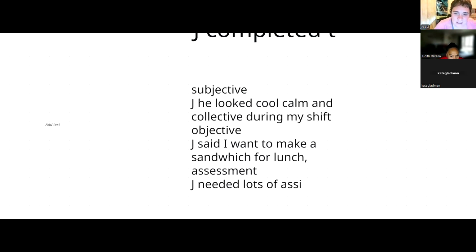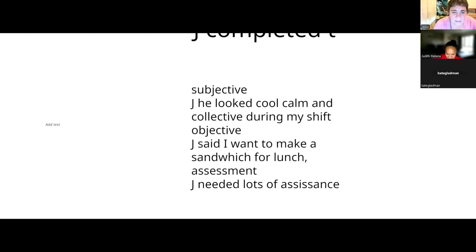It's tricky because assessment and assistance sound really similar. Have I got too many S's? Assistance. I need a C E. Yeah, that's all right.